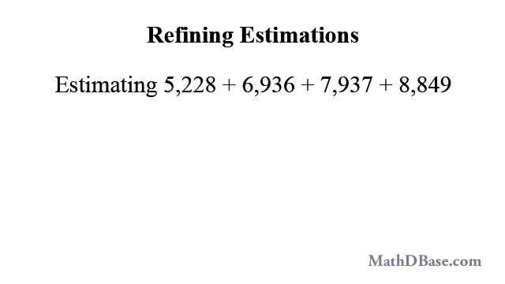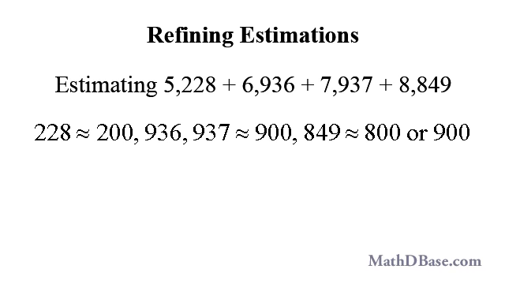It is possible to select how refined an estimate you want. In the second example, in which we added 5,228, 6,936, 7,937, and 8,849, with a relatively quick look, you can determine that the sum is over 26,000. Taking a closer look, 228 is close to 200, 936 and 937 are both close to 900, and we can estimate 849 at either 800 or 900.